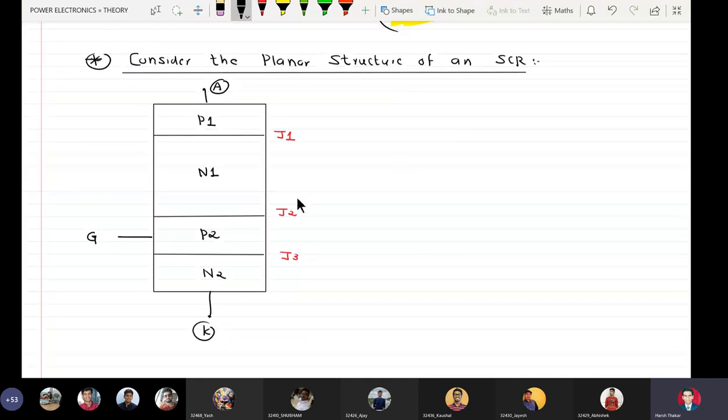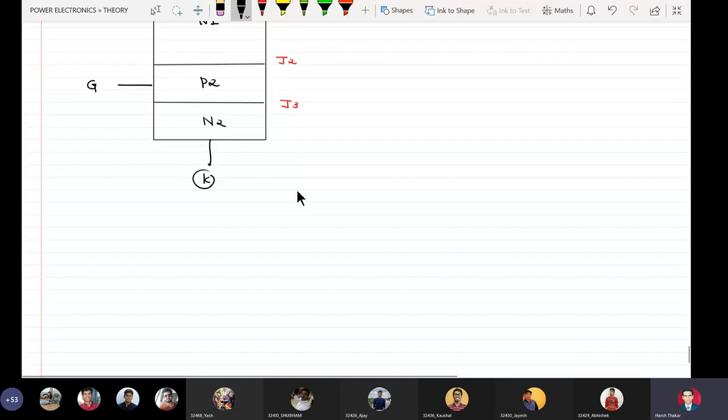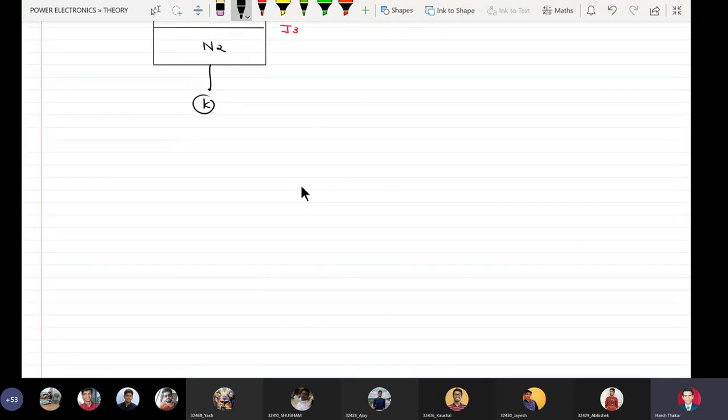Now students, let us take a detour to secondary engineering to understand what is the electrical equivalent of a PN junction, right?